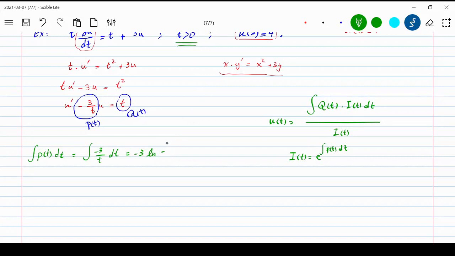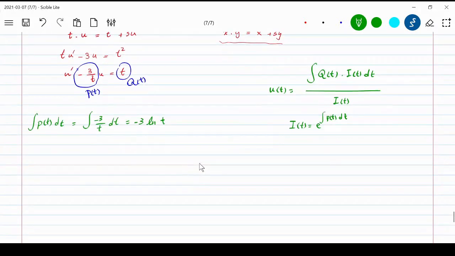If it was given that t is less than 0, then you have to put an absolute value and change the t to negative t. Okay, ln t. So what would be the integrating factor? I of t would be e to the power negative 3 ln t.